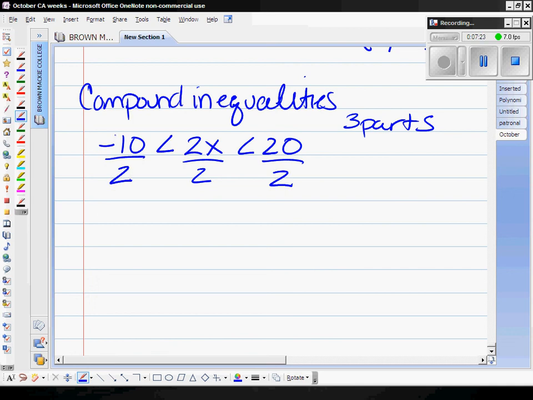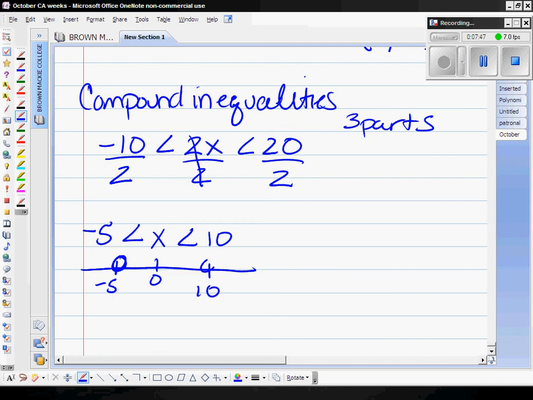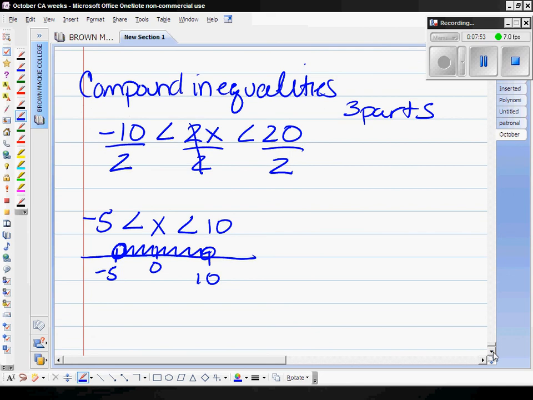So negative 10 divided by 2 gives you a negative 5, which is less than, these 2's cancel out, which gives me x, and then this becomes 10. Simple, right? And then we surely know how to graph that from doing it in class. If this is 0, this is negative 5, and this is positive 10. We are open here, and we are open here, and we shade everything in between. Okay?